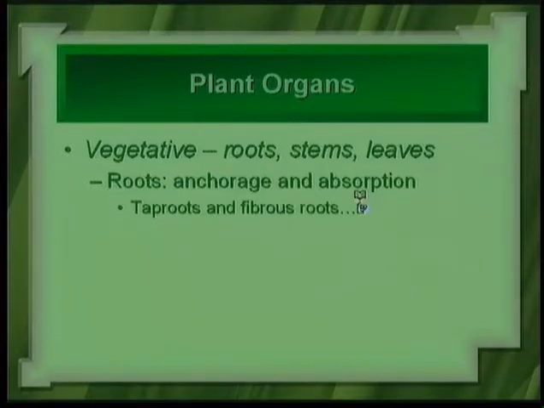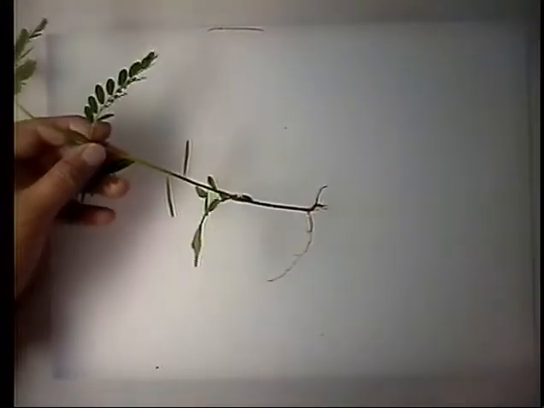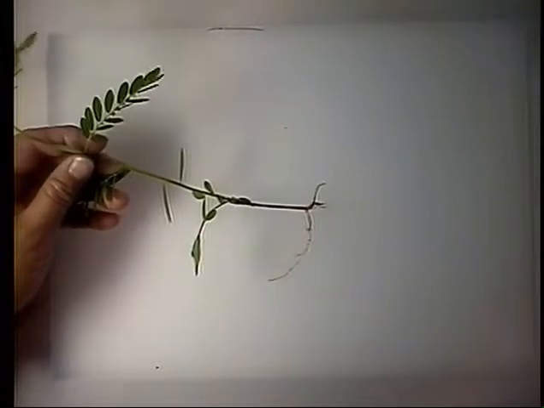Recall from your reading, you should have been reading about this by now. So what kinds of plants do tap roots come from? Think about that for a second. Tap roots actually come from dicot plants, right? Dicots with 2 cotyledons.